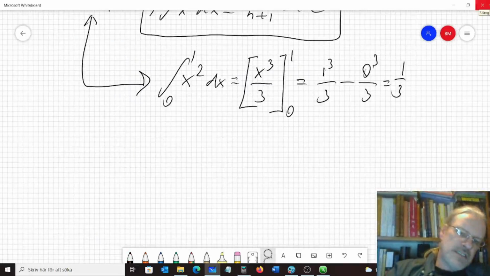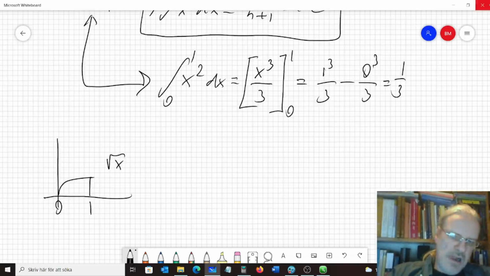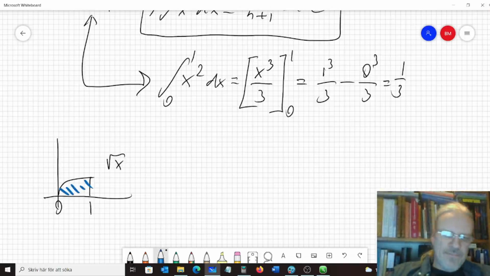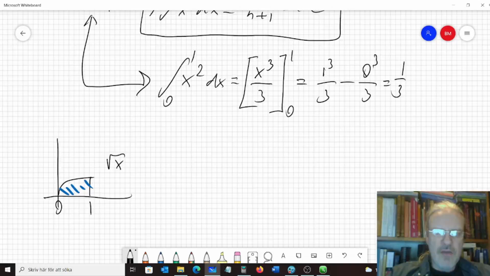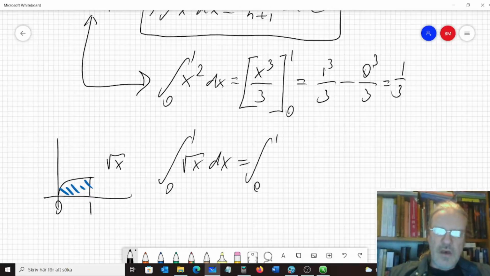In this case, I will take the square root of x function instead, yet again from 0 to 1. So we will find this area over here. So our expression for the area will be the integral from 0 to 1 again, but now of the square root of x dx, and that can be written as the integral from 0 to 1 of x to the power of 1/2 dx.